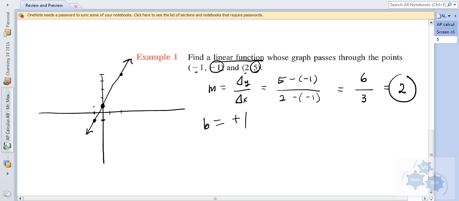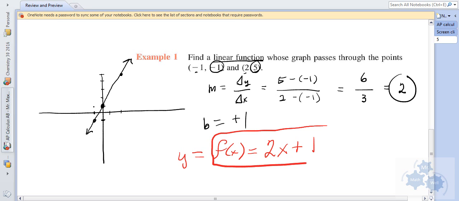And so you would put your answer as, here is my linear function, y, or f of x, doesn't matter. That's just function notation that you learned last year. And you would say that that function is 2x plus 1. This is the representation of this line, right there.